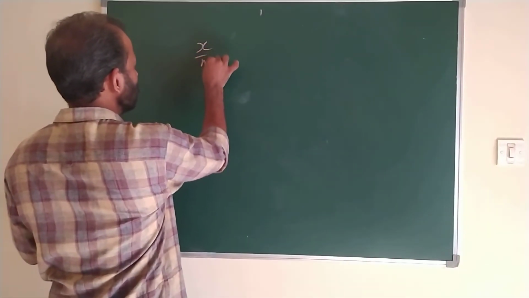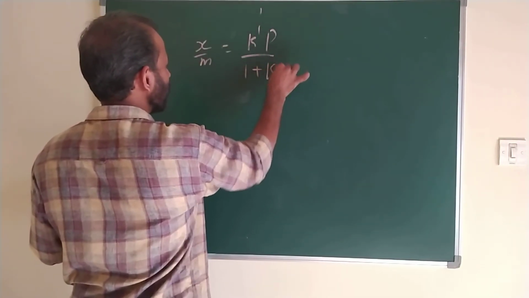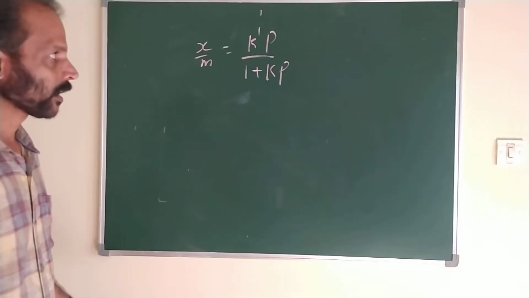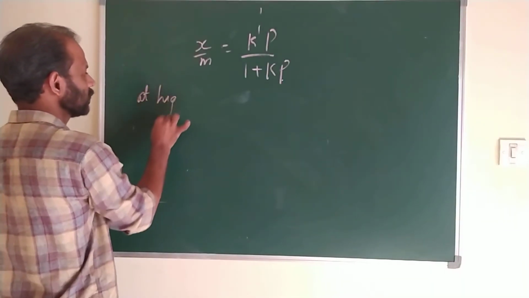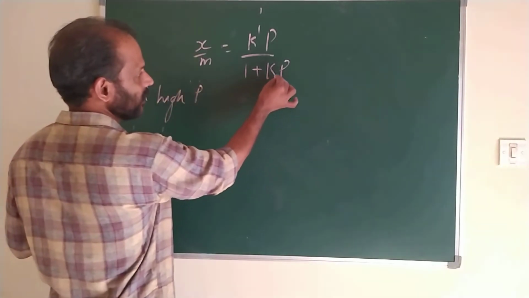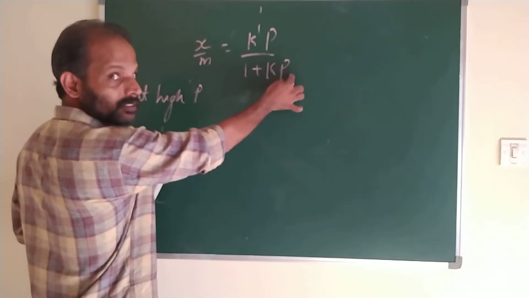One more thing to be discussed. x by m is equal to k dash p divided by 1 plus Kp. Then at high pressure, what happens? Kp becomes very high, so 1 is negligible compared to Kp.